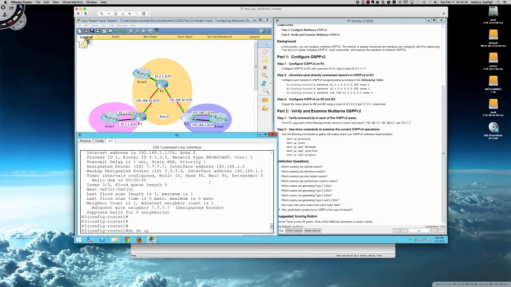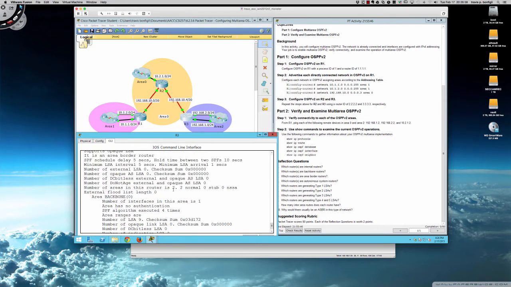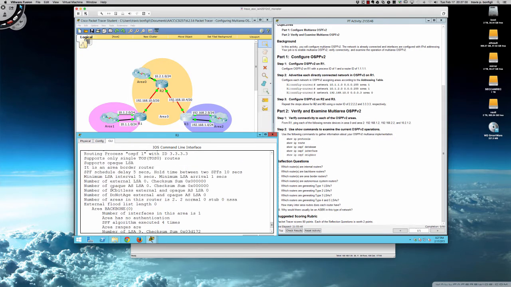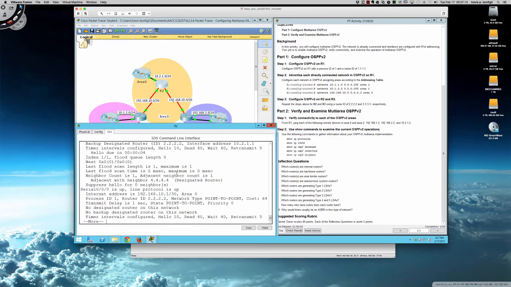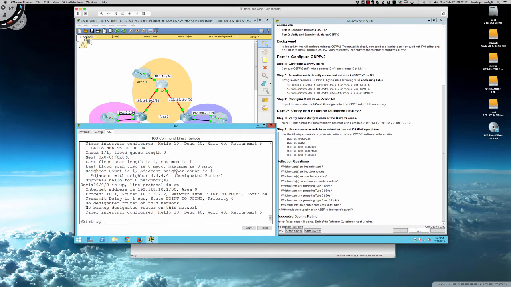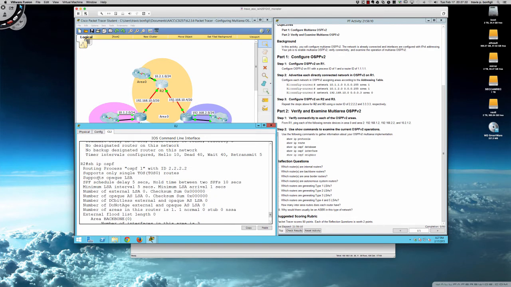All right, show IP OSPF, which I didn't see over there. So if I were to say show IP OSPF, which we don't have listed over here, but it's a really good command, you can see that it's going to tell me right here, it is an area border router, right? So router 3, without a doubt, is an area border router. So what does router 2 say? So we'll say show IP OSPF, and let's see what router 2 says he is.